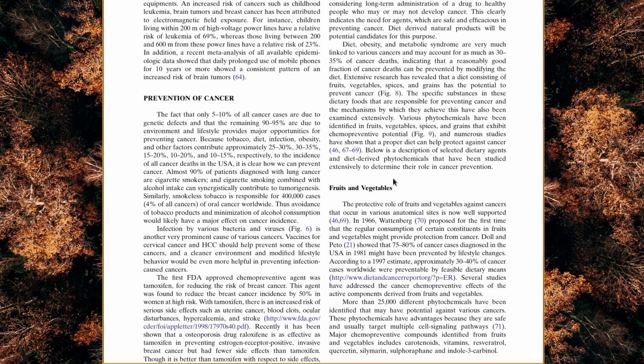During scientific literature analysis, we also might find some information that could help us to raise a hypothesis. This statement, almost 90% of patients diagnosed with lung cancer are cigarette smokers, could be used as an example.